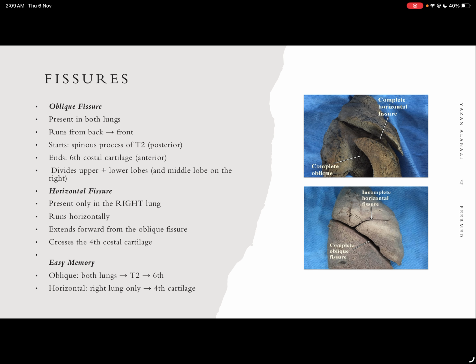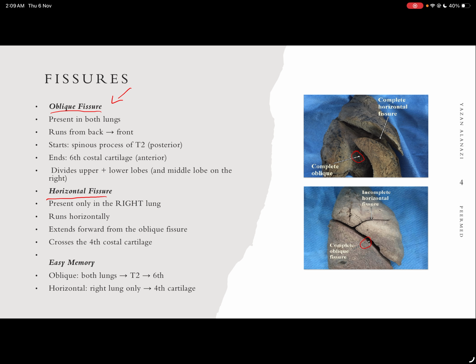Okay, fissures. Fissures are really important. We have two types: the oblique fissure and the horizontal fissure. The oblique fissure is present in both lungs. It runs from the back of the lung to the front.